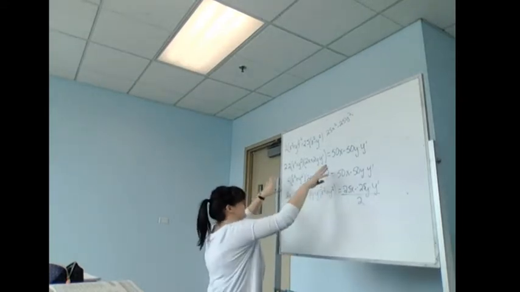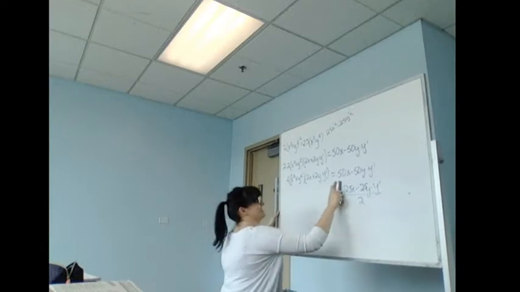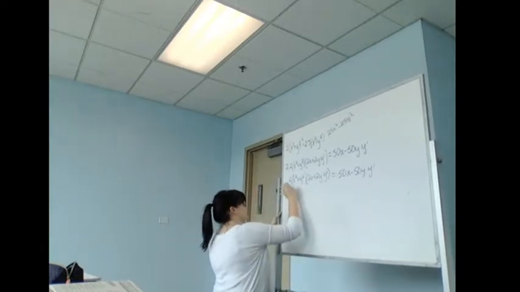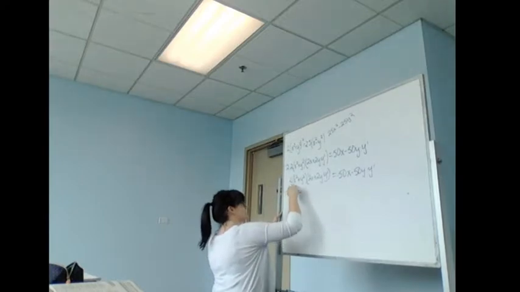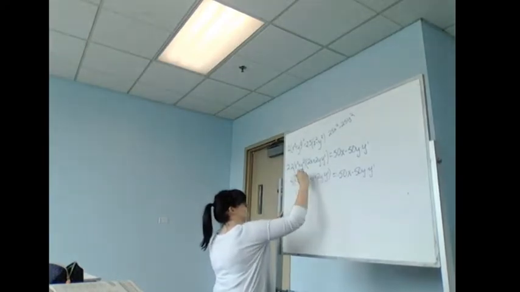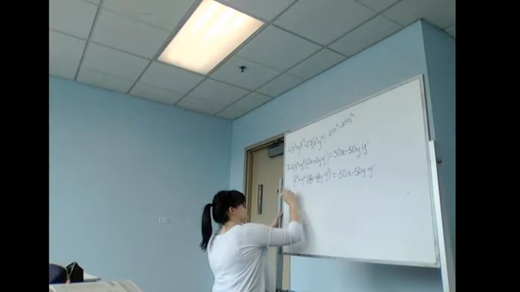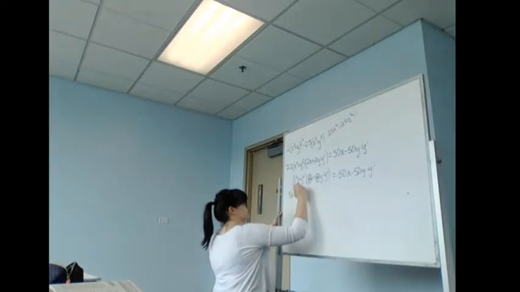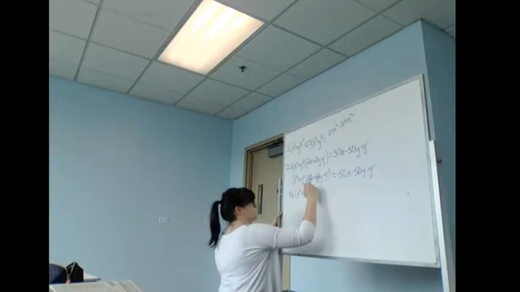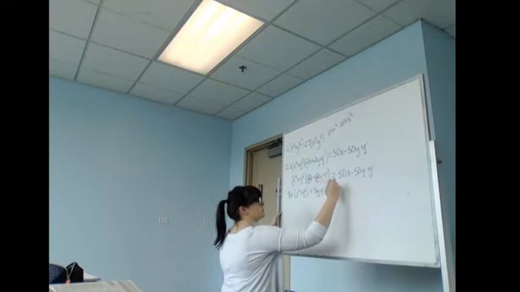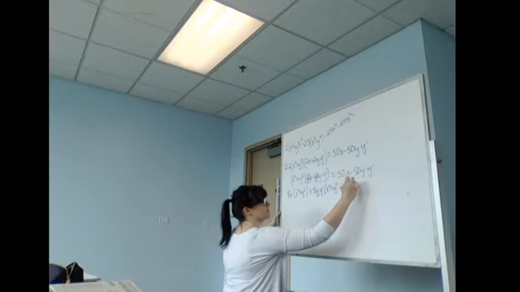Okay, so starting from here. All right. So I've got 4, 8x, 8y. 4 is gone. Okay. So I have 8x times x squared plus y squared plus 8y times y prime times x squared plus y squared equals 50x minus 50y times y prime.